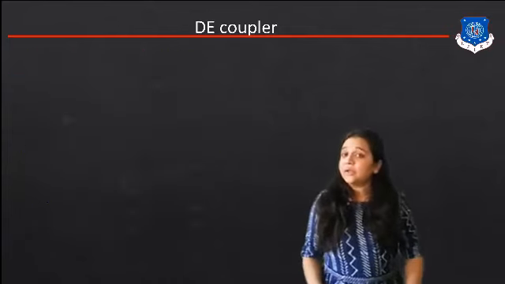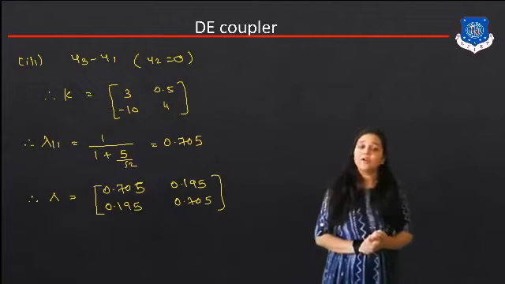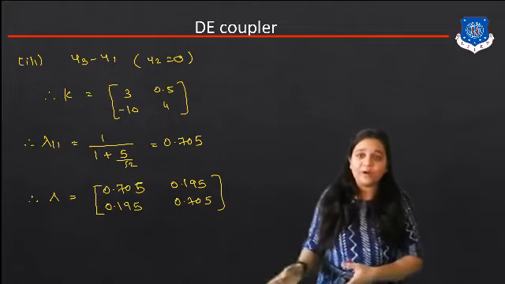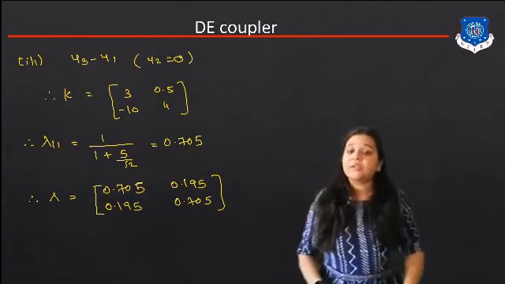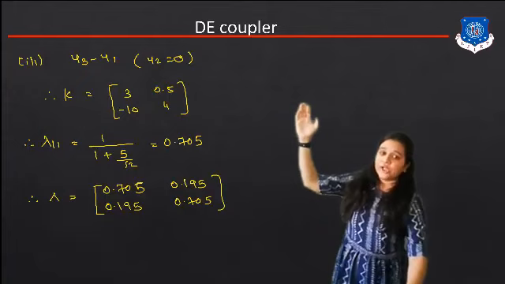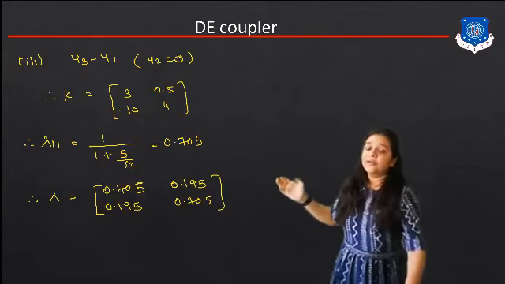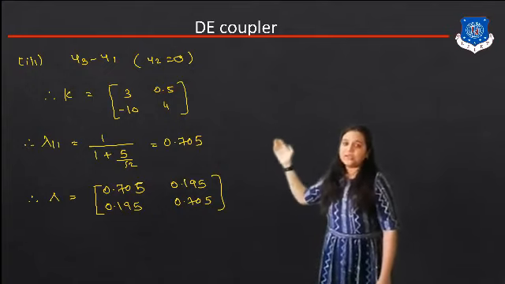Okay, now the third condition is U3 minus U1. We take U2 equal to 0, because earlier we cannot decide which input is used as the manipulated variable or the disturbance. So again we take U2 equal to 0 and find the value for U3 minus U1. K is equal to, using the standard equation, 3.5 minus 10 and 4.